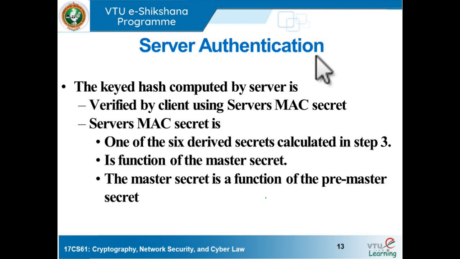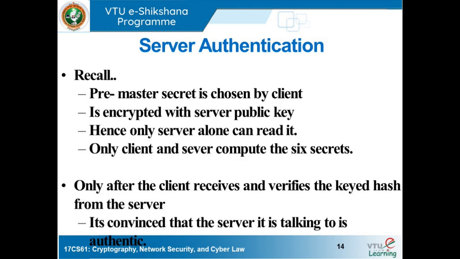This is how we get the server and the client to verify their MAC secrets. Let's recall that the pre-master secret is chosen by the client. It is encrypted with the server's public key. Hence, only the server can read it, because the server is the only one who can decrypt it using its own private key.